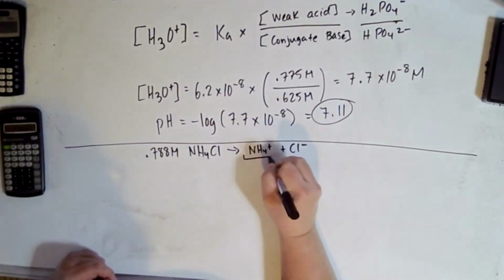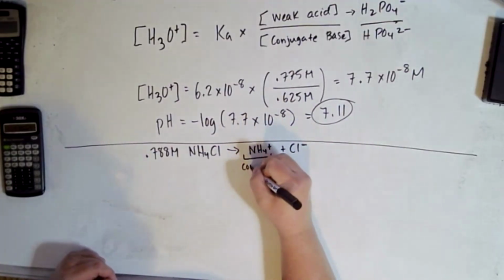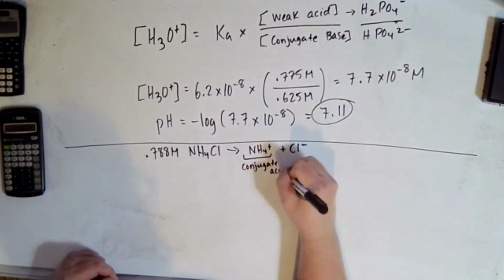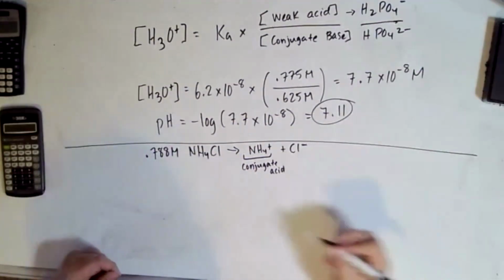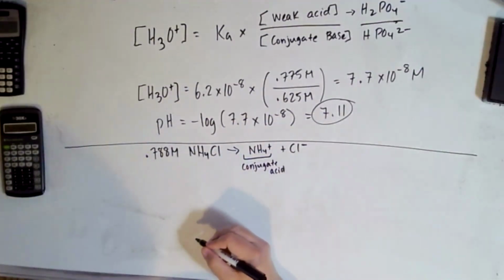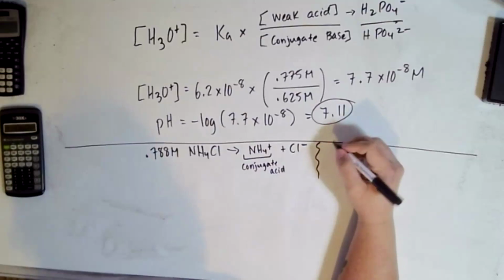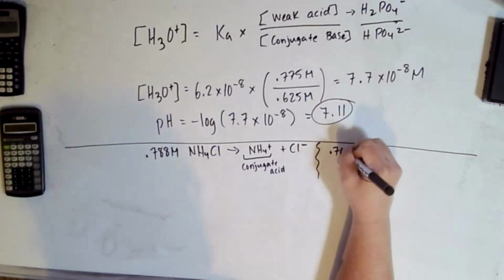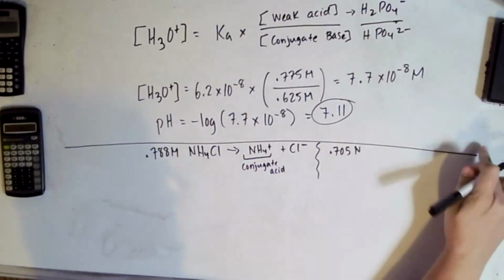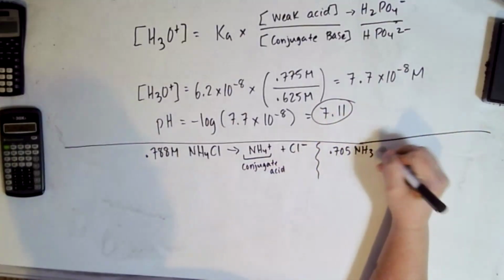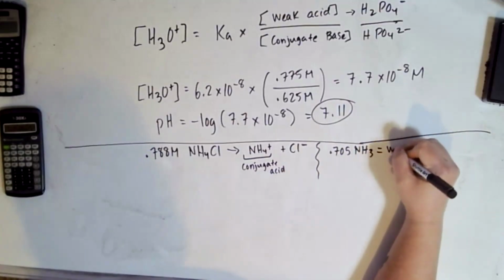This part right here, this is going to be our conjugate acid or our weak acid. Our NH3, we have 0.705 NH3. This is going to be our weak base.